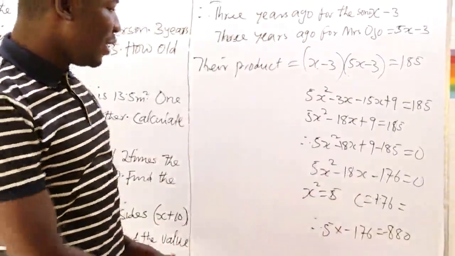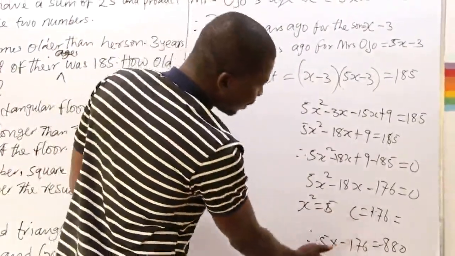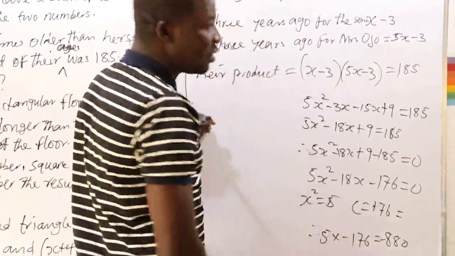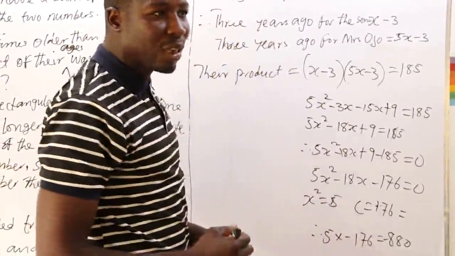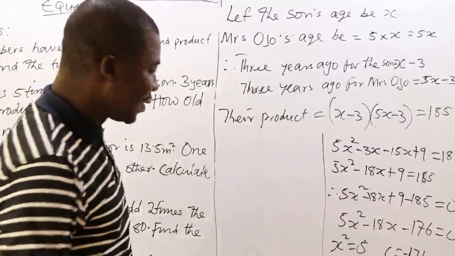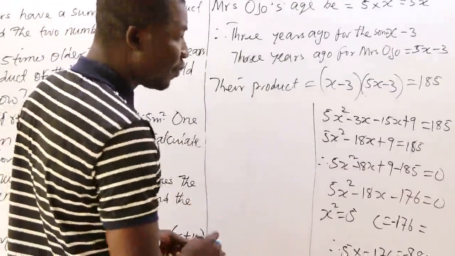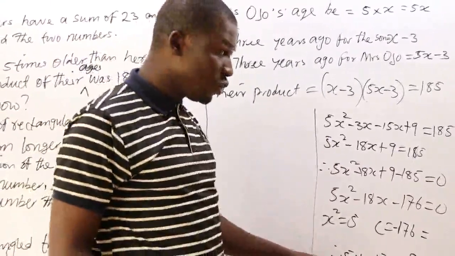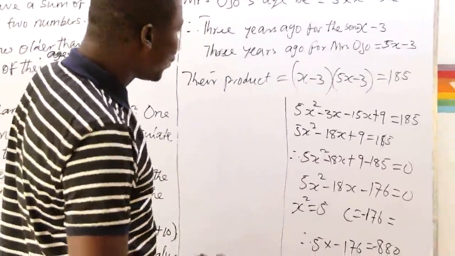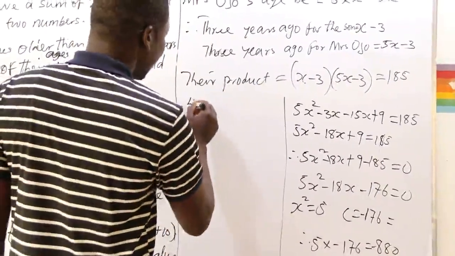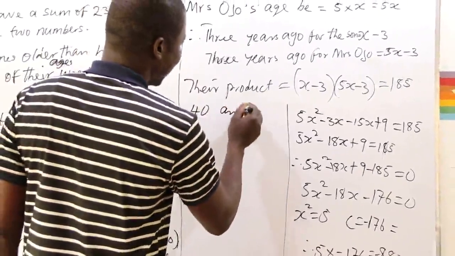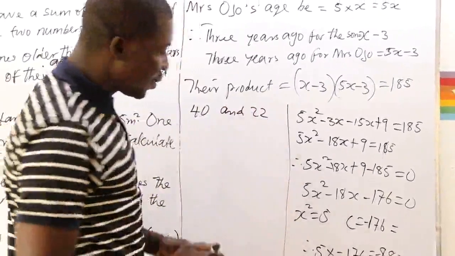And if you do it well, you discover that the factors that will satisfy this are 40 and 22. So we discover that the numbers that will satisfy this are 40 and 22. So how are you going to put these numbers? 40 and 22.